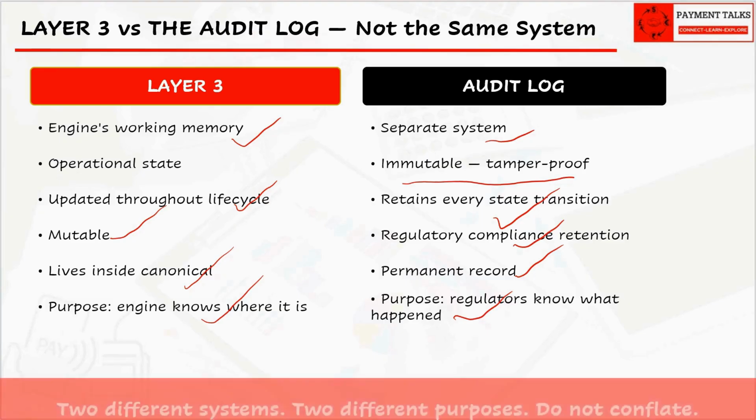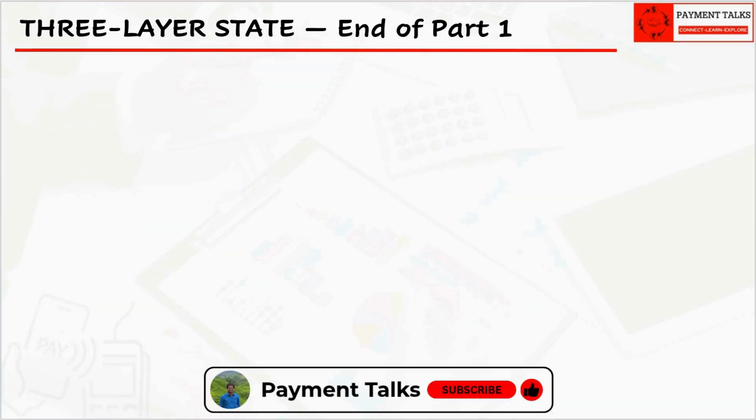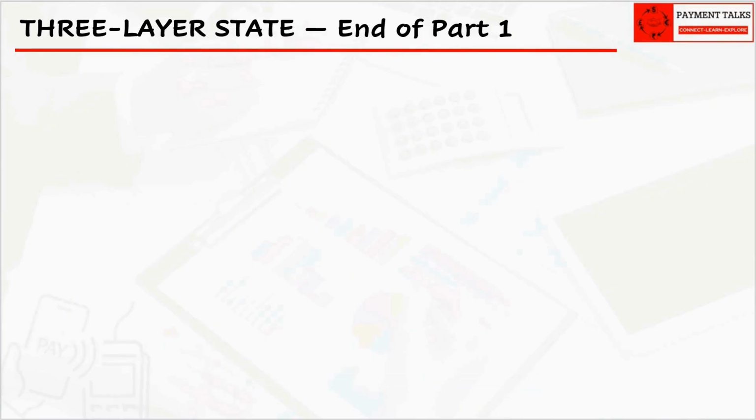Two different systems, two different purposes. If your implementation conflates them, you will either pollute your audit trail with transient state or lose operational context when the engine restarts. Let me be explicit about the correct canonical state at the end of part 1.